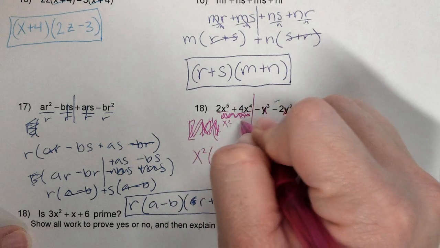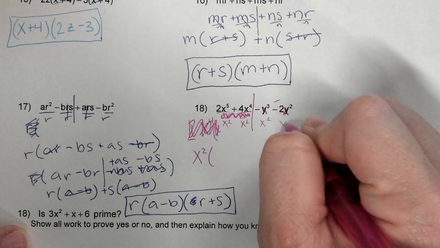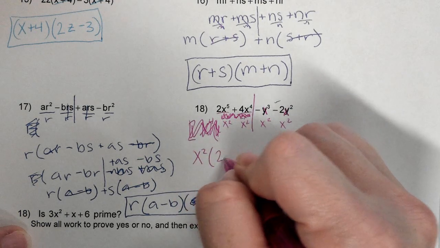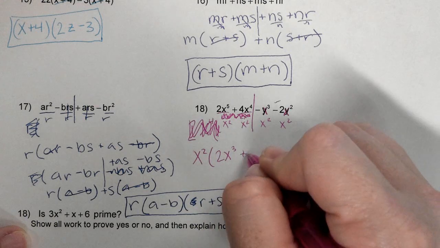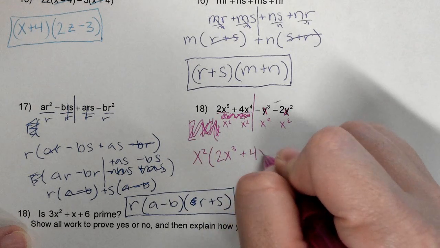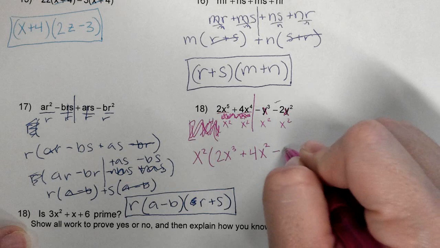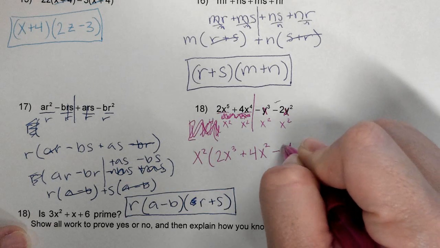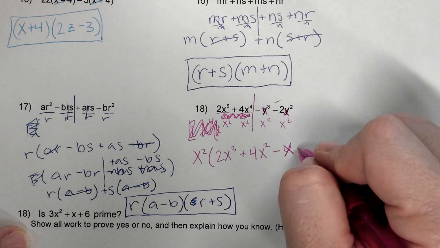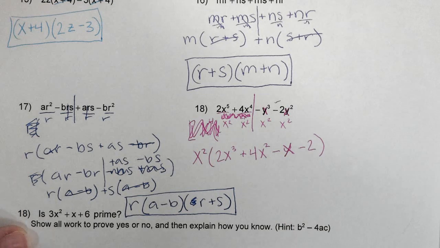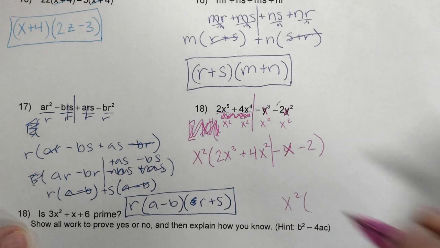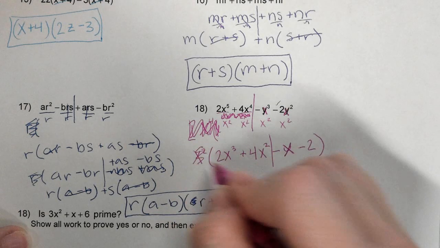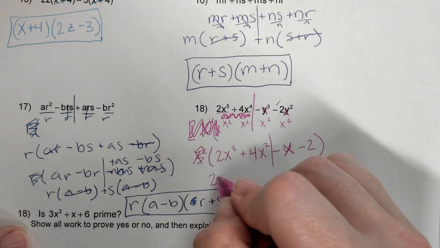So when I take out x squared of all of them, I get 2x, 5 minus 2 is 3, plus 4x squared minus x minus 2. And now I cut it in half. So I have x squared down here, and now my GCF here is 2x squared.